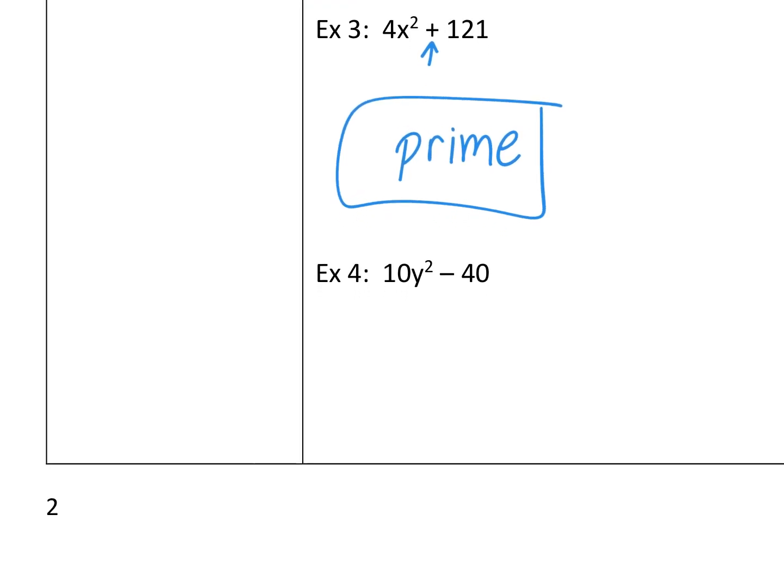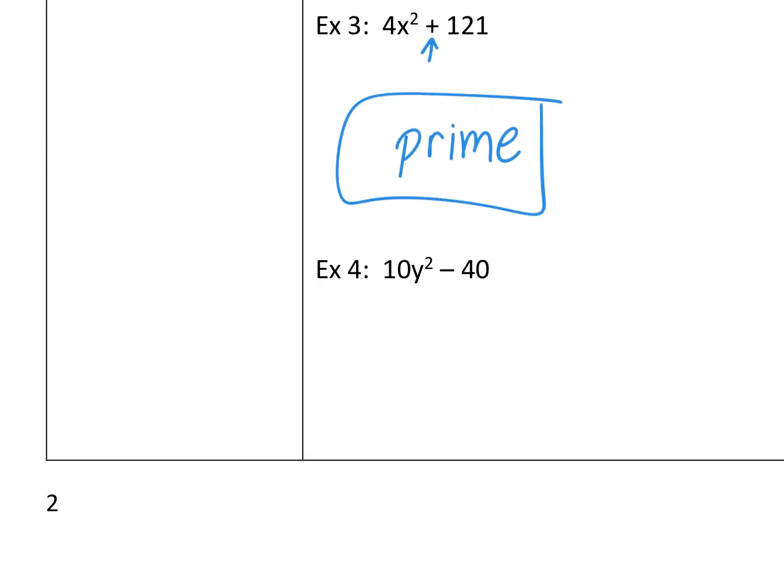And then number 4: always, always, always check for a GCF. Hopefully that didn't trip you up here. These do have a GCF. They both have 10. Take that out, I get y squared minus 4. And then we ask ourselves, can that be factored further? Is that difference of squares? Sure is: two terms, subtraction sign, and they're both perfect squares. The square root of y squared is just y, and the square root of 4 is 2.